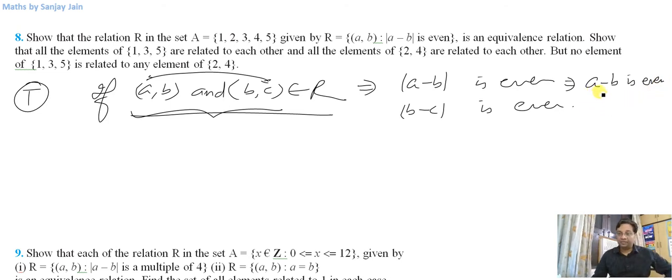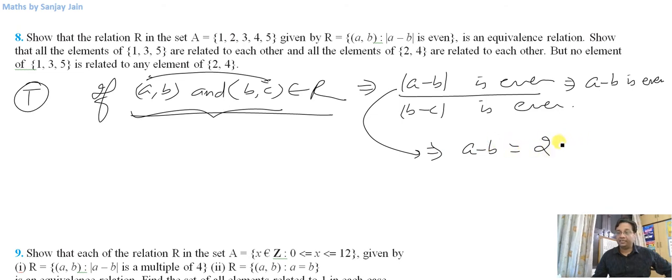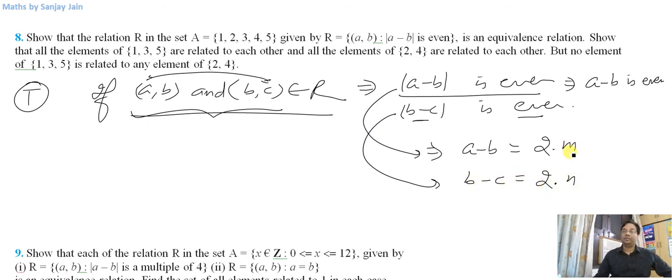Or in other words, a - b is an integral multiple of 2. Let us take it as 2m. If |b - c| is even, this will imply that b - c is some integral multiple of 2, say 2n, where m and n belong to integers.